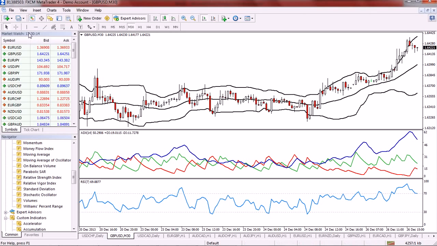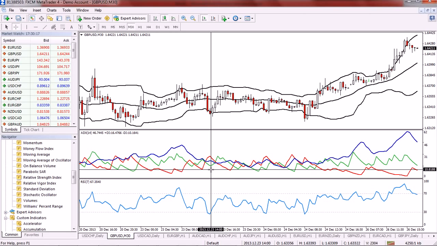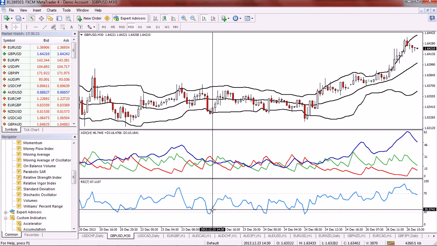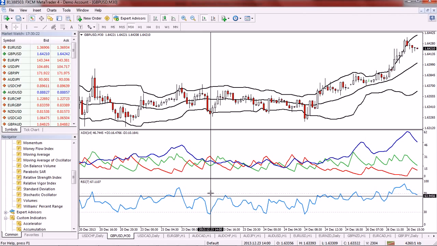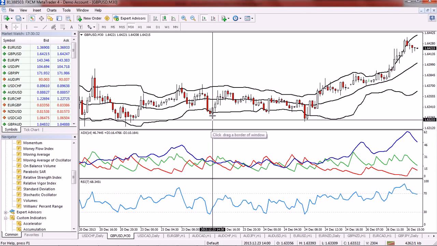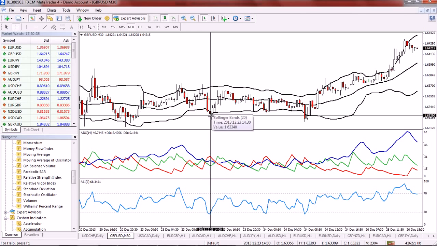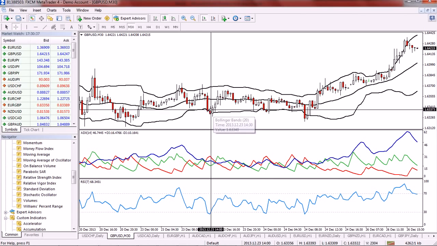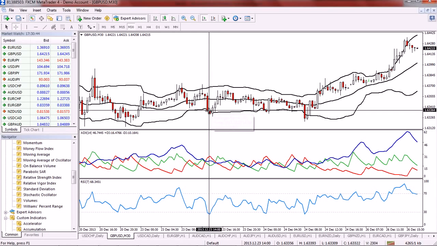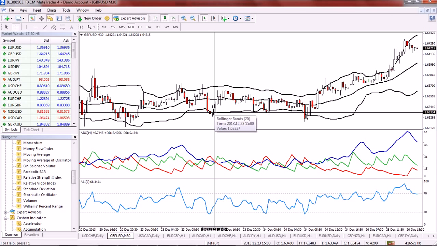At this point where the RSI indicator is crossing the 30 level from below, the actual ADX line value is 21, which is below 32, and on the actual chart the candlestick should close below the Bollinger band. So these three entry criteria must be met for a long entry.